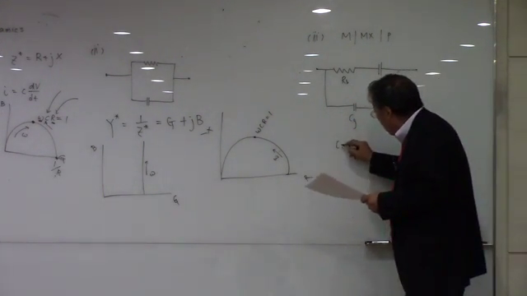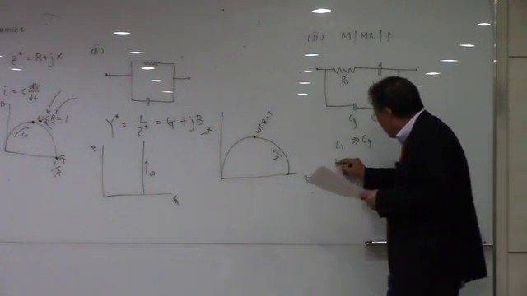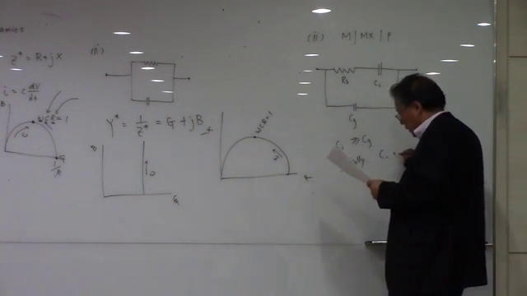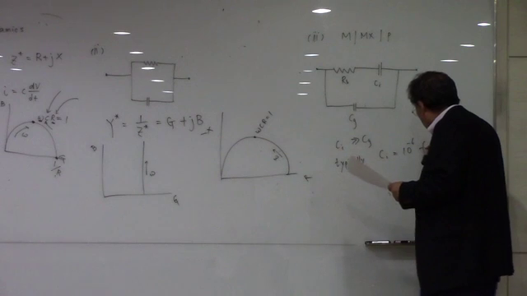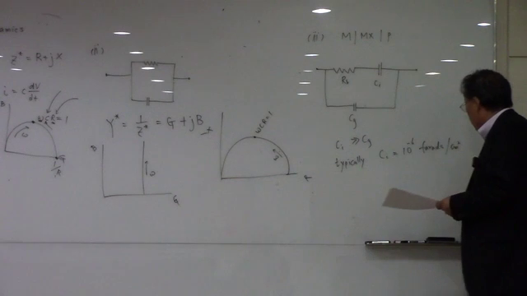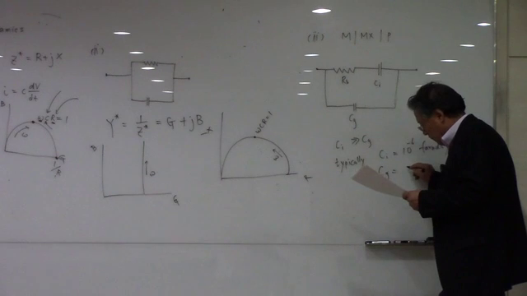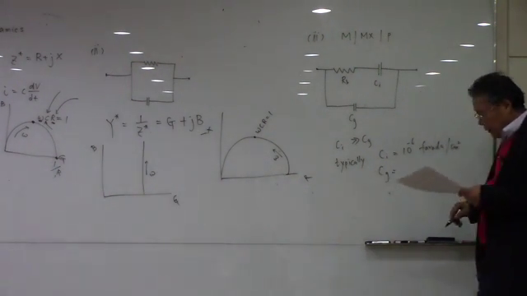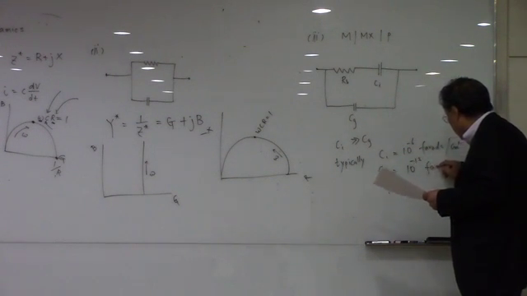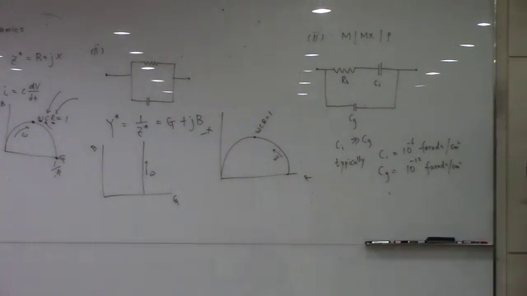Okay, Ci is greater than the Cg. Typically, Ci is 10 to the minus 6 farads per square centimeter, but the Cg is only 10 to the minus 12 farads per square centimeter.